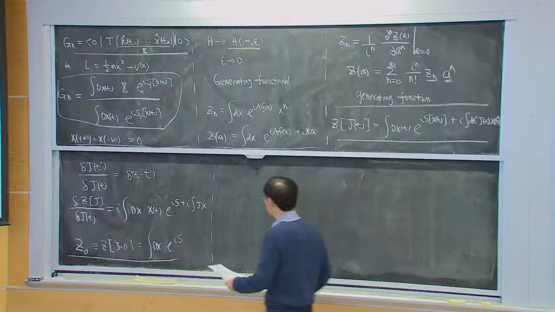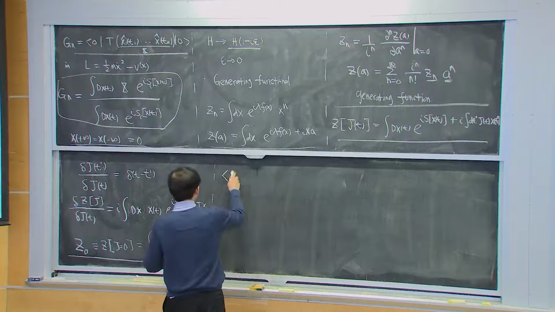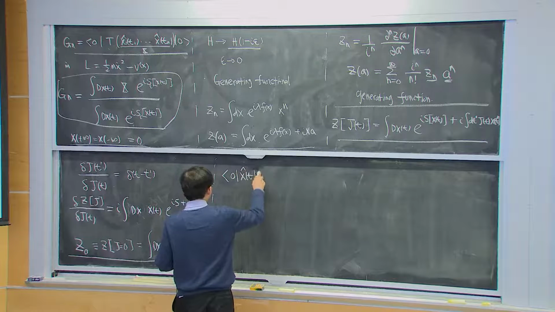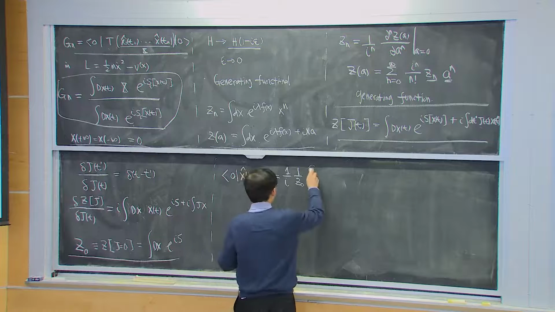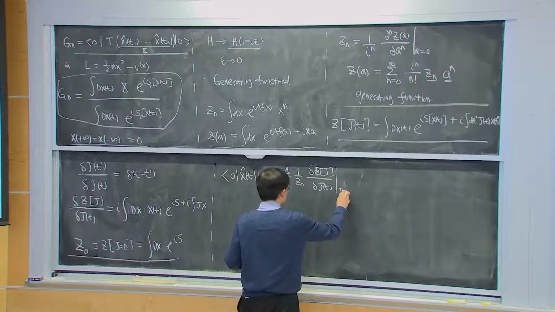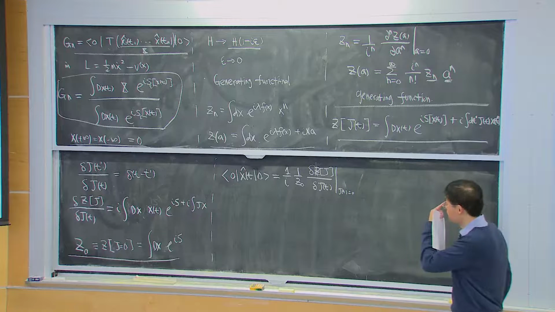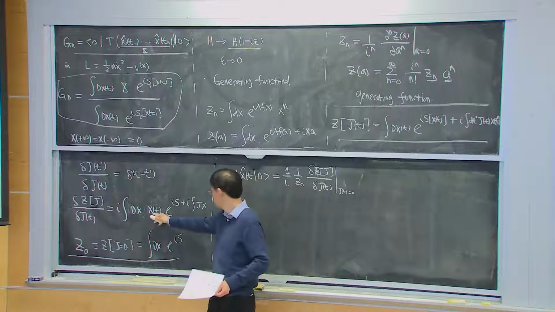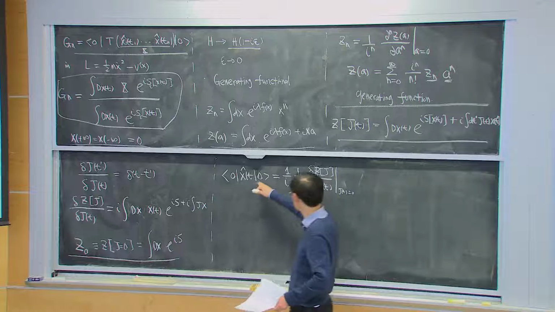By comparing the two, we immediately conclude that the one-point function of x hat t is just given by 1 over i, because there's an i there, and 1 over Z0, then delta Z of J over delta J t, and then you set J t equal to 0. Similar to before, if you set A equal to 0, you take the derivative and bring down a factor of x t, and then you set J equal to 0, and you just have that integral with x t there. Then you get this one-point function.